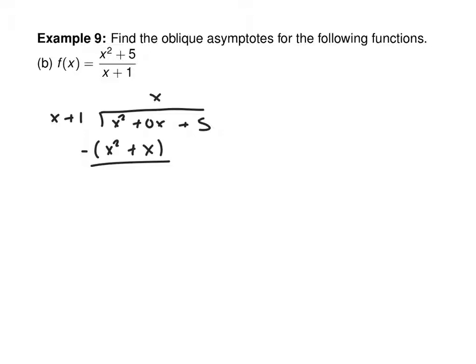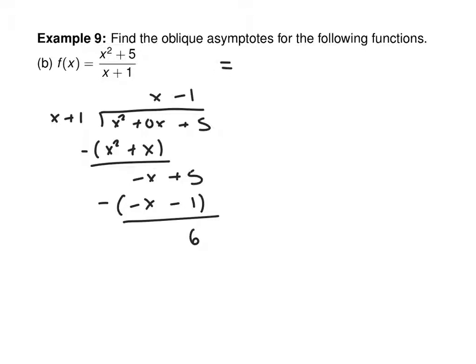Negative. Okay. Negative x plus 5. Okay. Then what do you multiply x by to make it match the negative x? Negative 1. Negative x minus 1. Take it away, your remainder is 6, I think, right? Because of the double negative business, right?